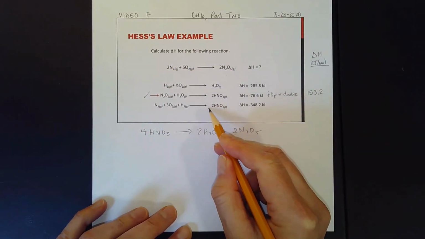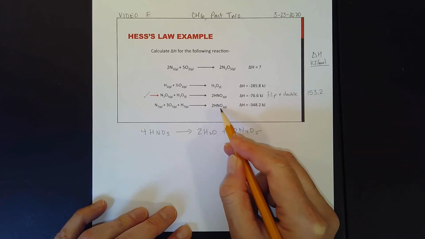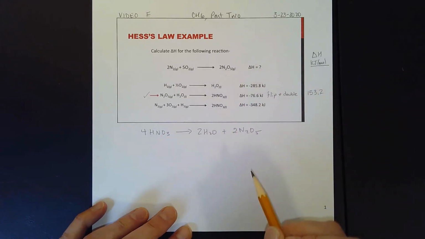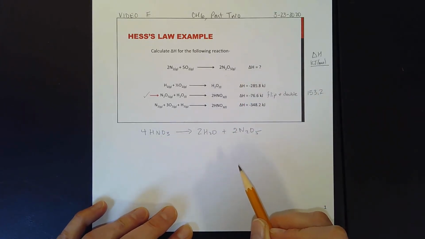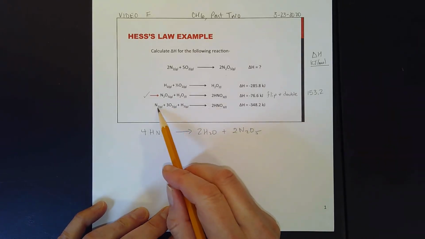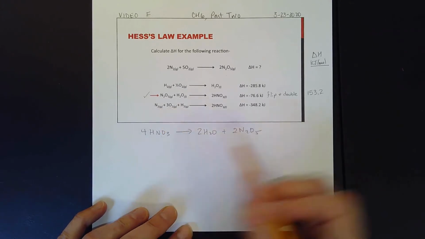Then let's look at the second one. I know I'm going to need HNO3 on the right to get rid of these because I don't have that in my final reaction. I'm also going to need some dioxygen on the right side, and I need dinitrogen on the right. It would be nice to have 2 of these.